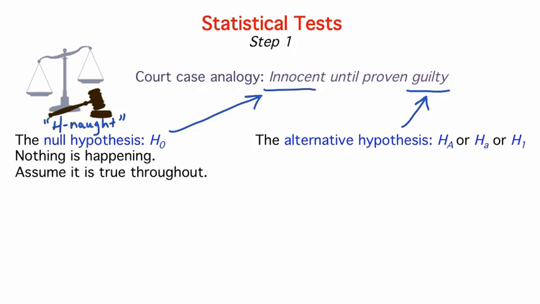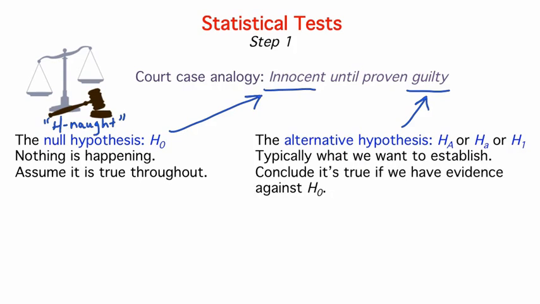Some people like to write it as H with a subscript 1 in contrast to H sub 0 for the null hypothesis. Like the prosecutor who wants us to conclude that the defendant is guilty, we typically want to prove that this research or alternative hypothesis is true. And the way to make that conclusion is to see if we have enough evidence to rule out that any differences from the null hypothesis could be due to chance.